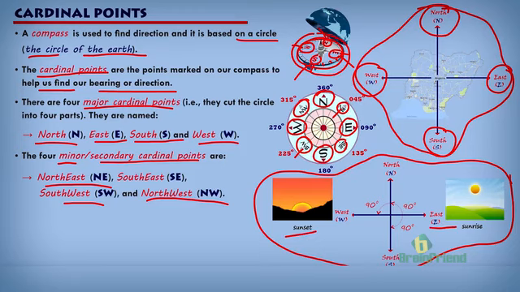And wherever you see the sun setting, you have the western part. Now, if you are standing on the eastern part, that is the part where the sun is rising, and you turn 90 degrees, what do you face? You will face the north. So from the east, turning 90 degrees, you will face the north.